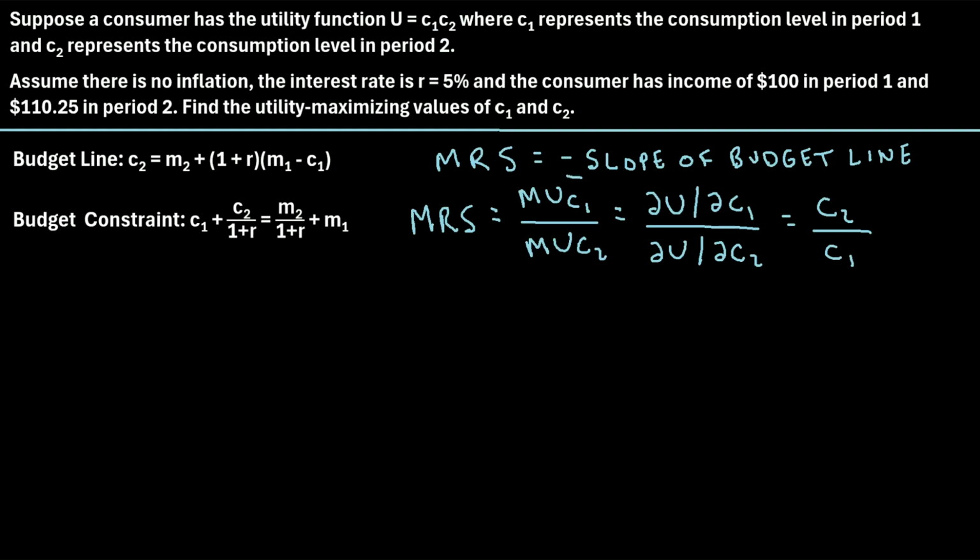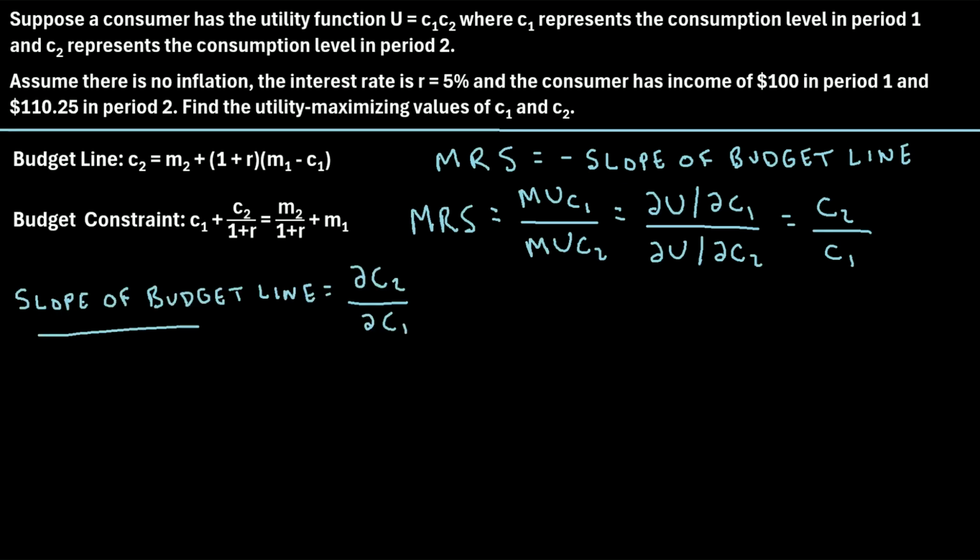Now we need to find the negative slope of the budget line. So let's write that down here. The slope of the budget line is going to be equal to the derivative of C2, this function we found earlier, with respect to C1. Let's rewrite that as C2 is equal to M2 plus, let's distribute this 1 plus R into the parentheses.